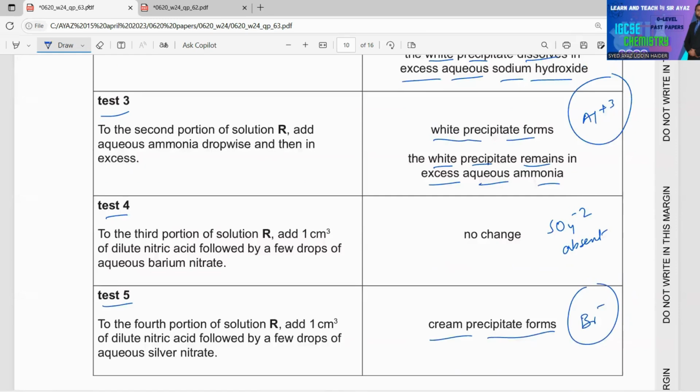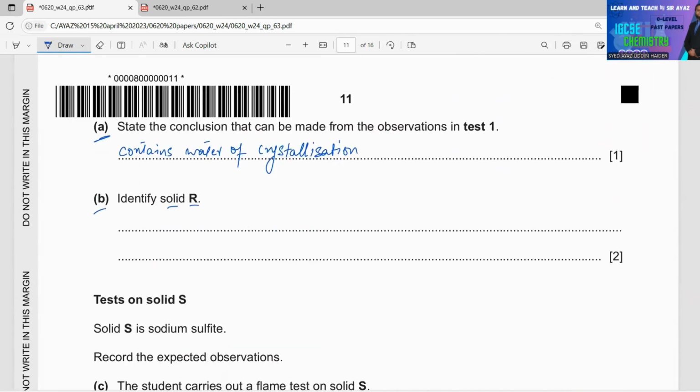So you are going to write down here Al3+ or aluminium and also Br- or bromide. This will be the identity of solid R.